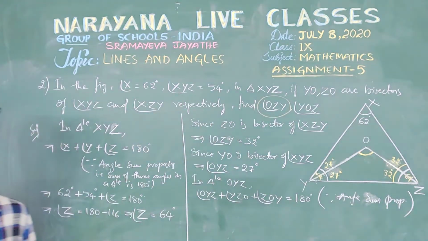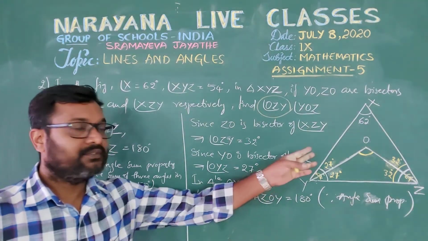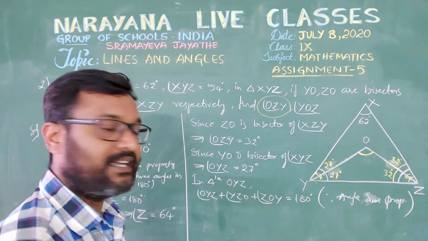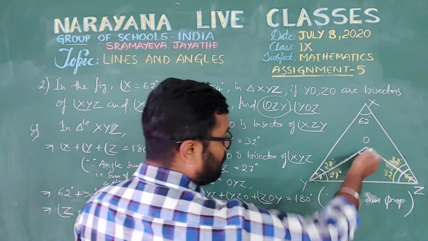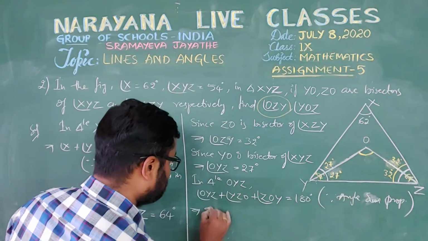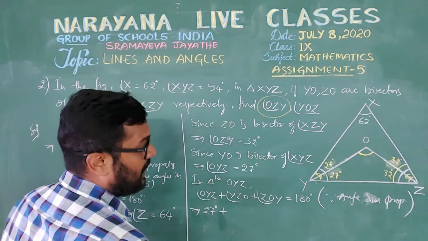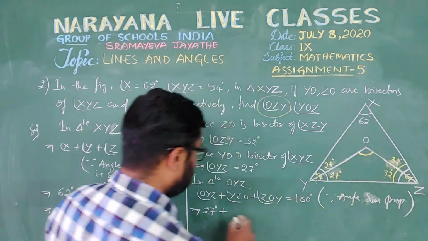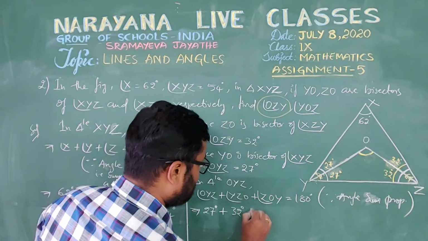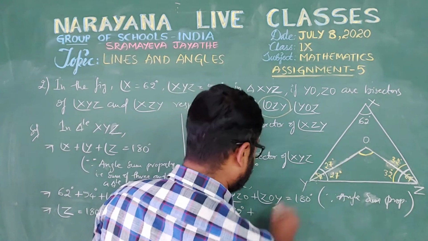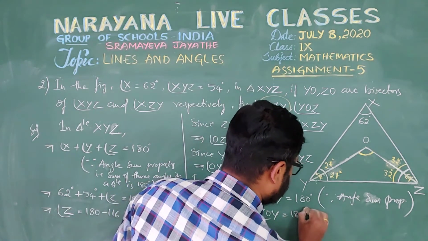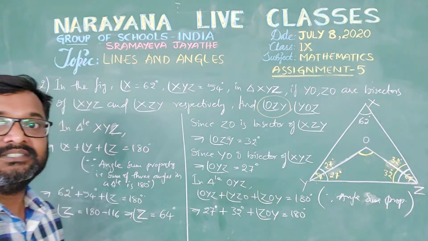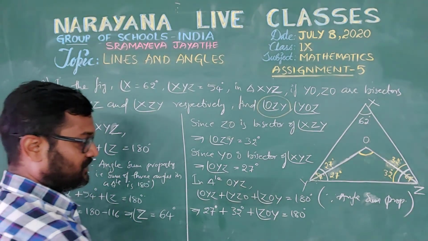Since angles are proper, that is, the sum of three angles in a triangle is 180 degrees. So now here angle OYZ is 27 degrees plus angle YZO is 32 degrees plus angle ZOY is equal to 180 degrees, isn't it?